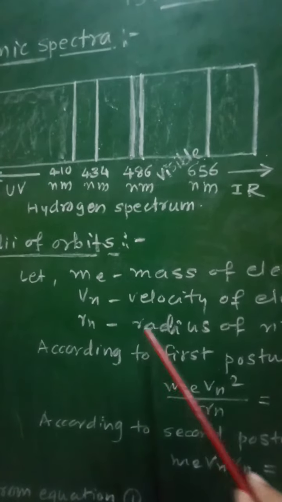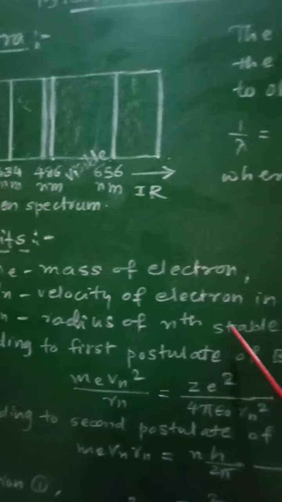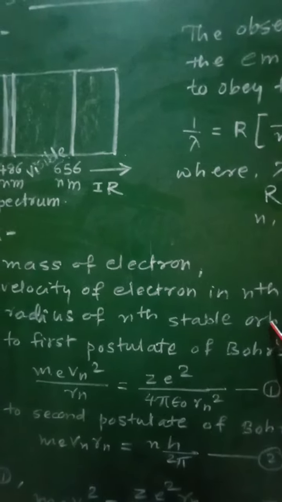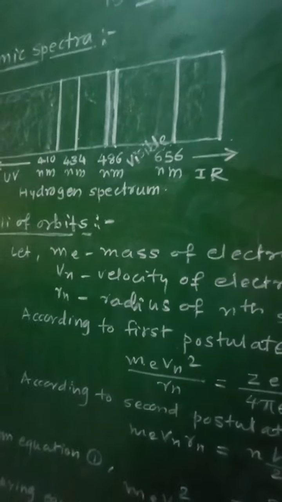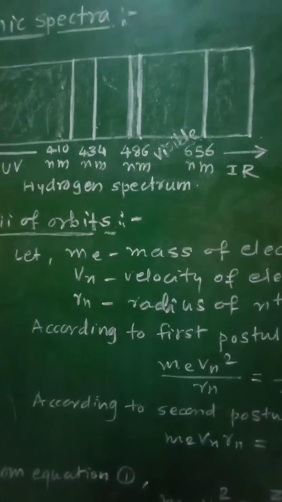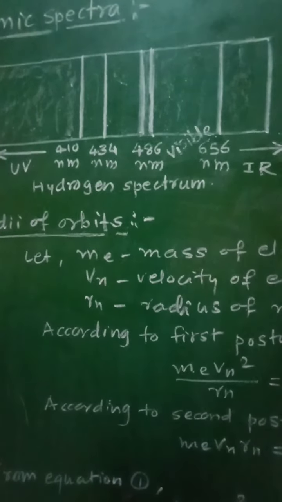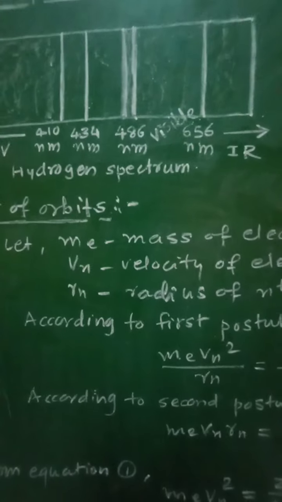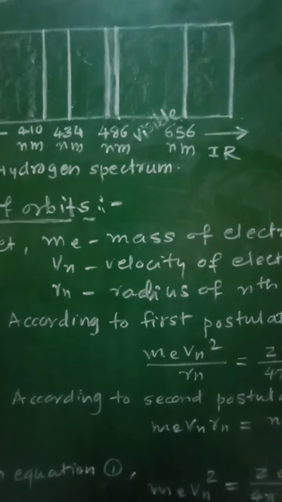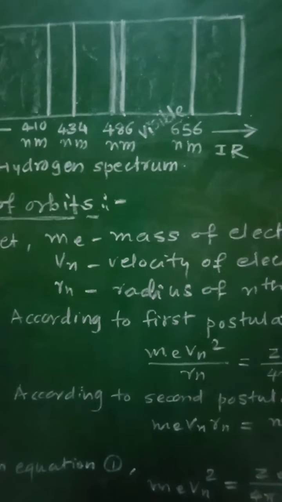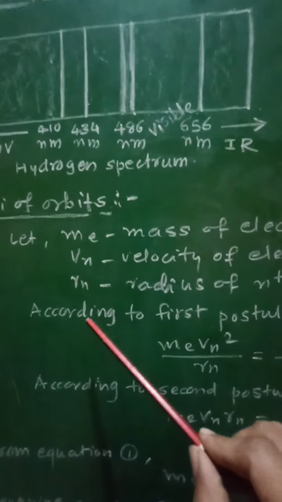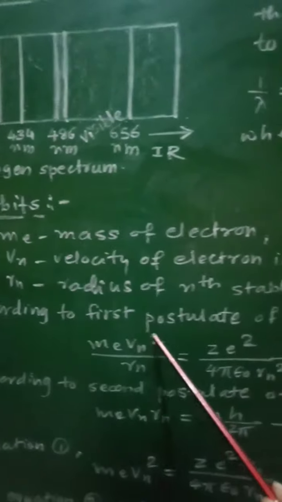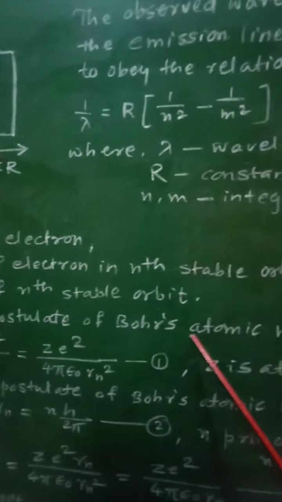This relation will be obtained by using the postulates of Bohr's atomic model. Already we have studied the three postulates. Out of these, we will have to consider the first two.